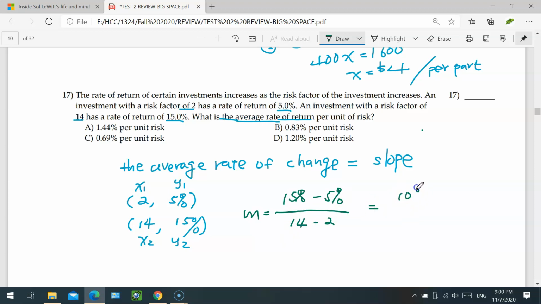The numerator gives us 10% and the denominator is 12. The 10% is 0.1 divided by 12. It will give you approximately 0.0083. Converting to a percentage, it gives us 0.83%. So the average rate of return would be 0.83% per unit risk.